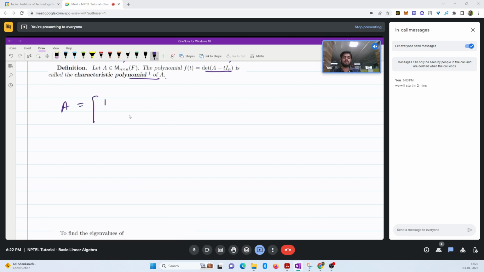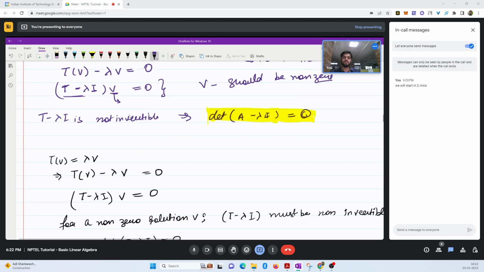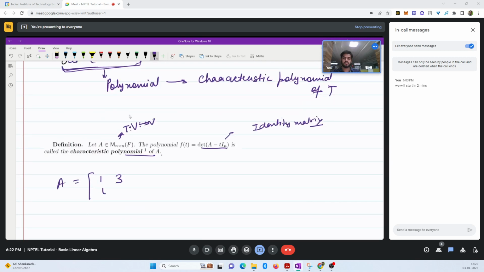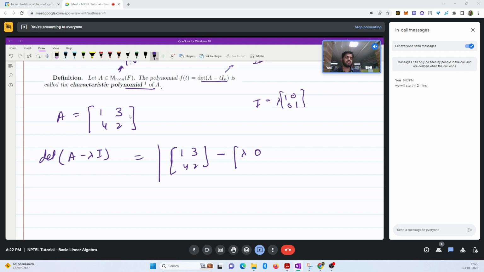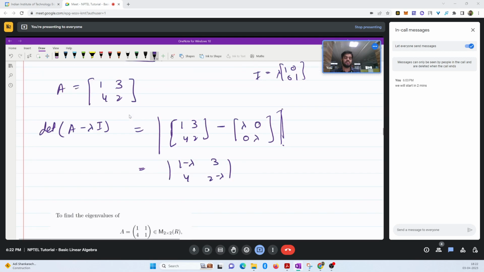If A is [1 3; 4 2], we want the determinant of A minus lambda I. This is the determinant of the matrix [1 3; 4 2] minus lambda times the identity matrix [1 0; 0 1]. So we want the determinant of [1 minus lambda, 3; 4, 2 minus lambda].